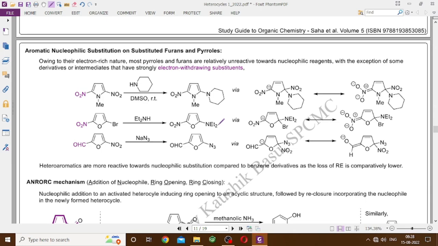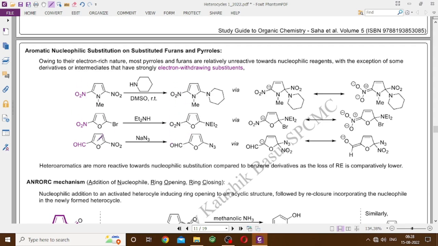There are some derivatives that have strongly electron withdrawing groups present in them, which are found to be susceptible to nucleophilic attack. And therefore, we have quite a few examples of aromatic nucleophilic substitution on substituted furan and pyrrole. Here we describe 3 of them.